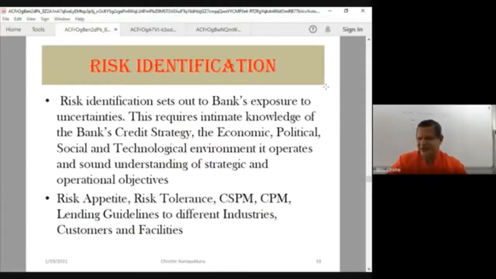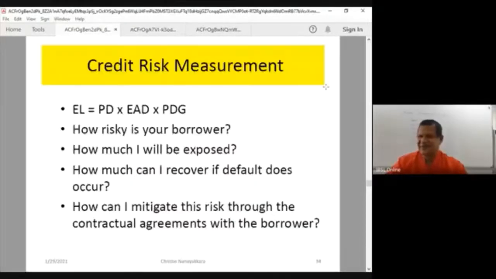How much you want to risk is your risk tolerance. The CSPM is the Credit Standard Policy Manual, Credit Procedure Manual, and Lending Guidelines. All these need to be changed if a situation of that nature occurs. That is the identification process which risk management will have to do.